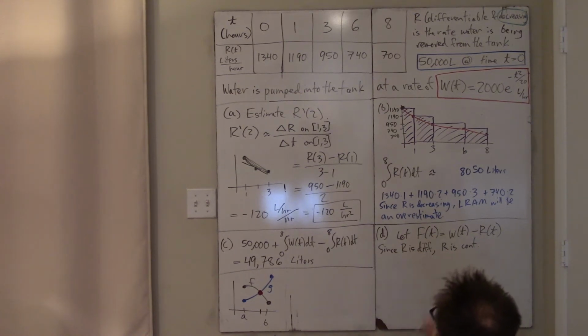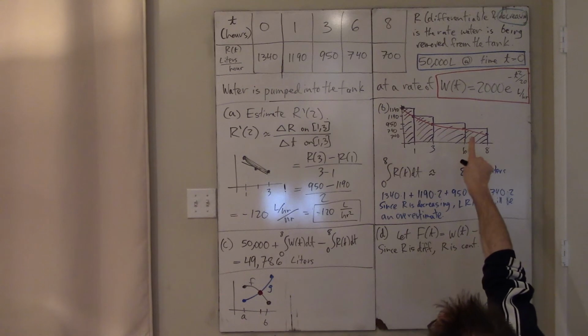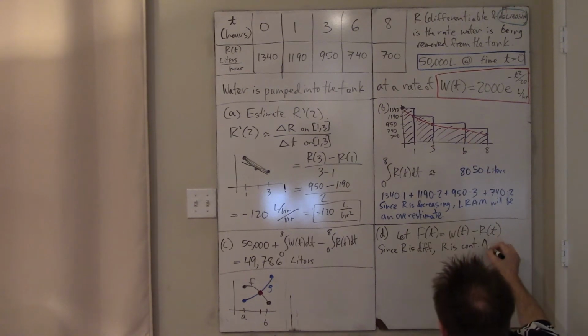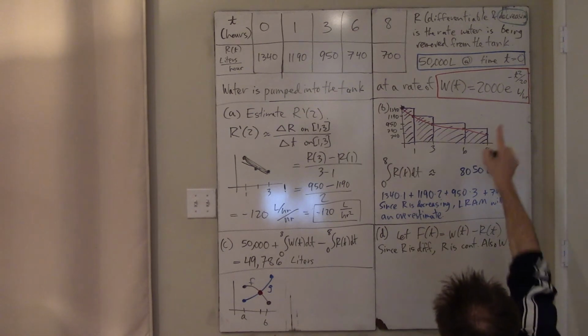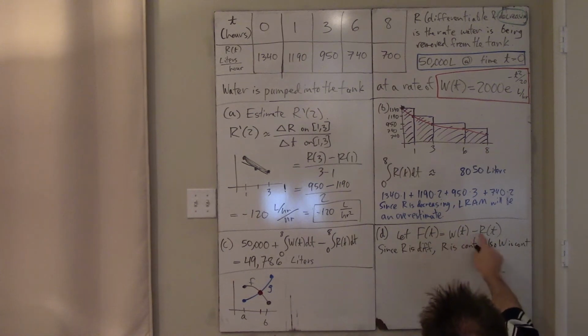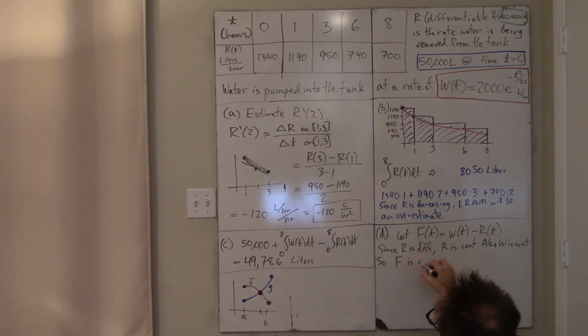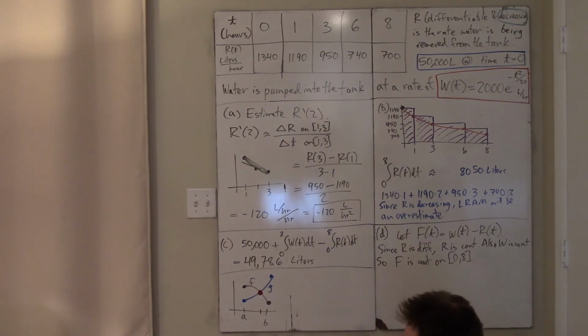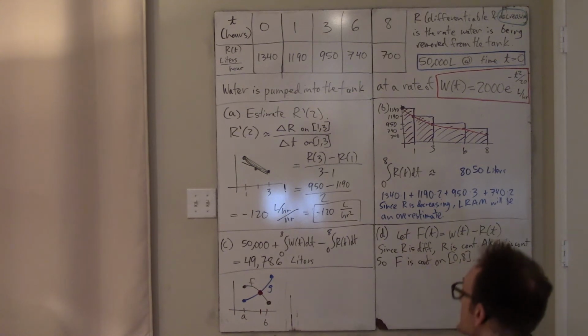This is a theorem we proved. And I'll also write w is continuous, because it's an exponential function. So if w is continuous and r is continuous, then f is continuous on the interval 0, 8.